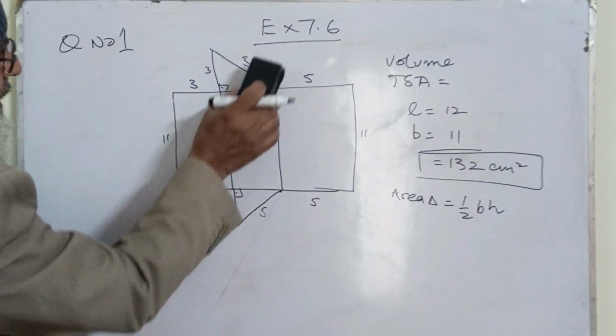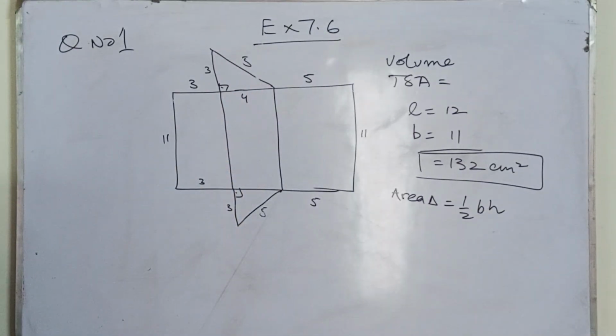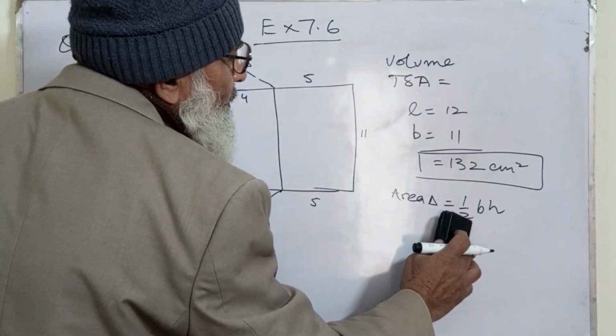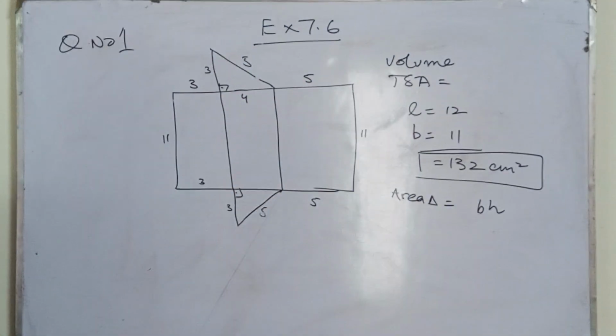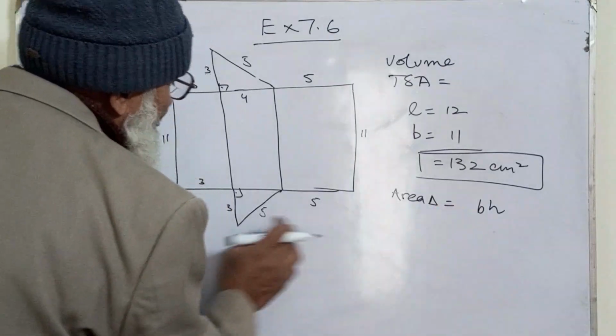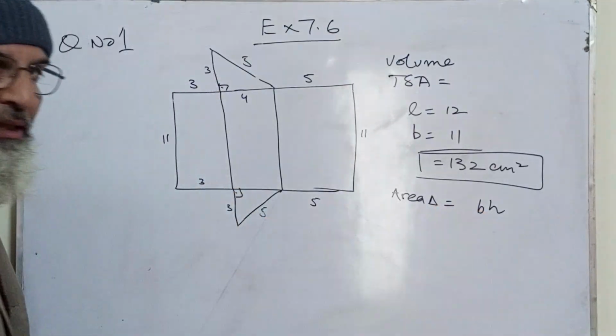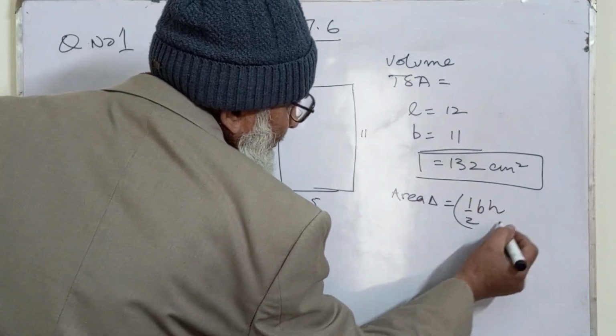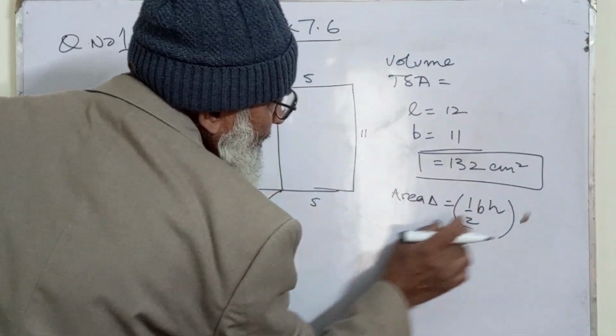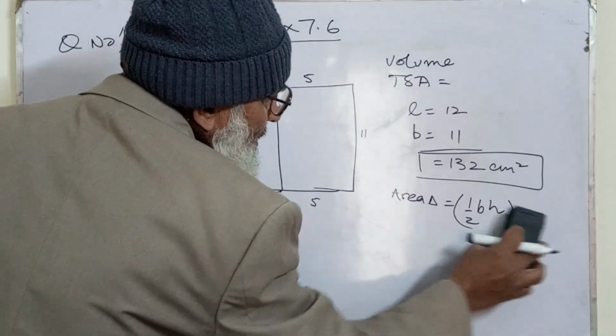This is the hypotenuse 5, hypotenuse 5. So these are identical. If I make it like this, understand what I did? I just made it one instead of two. There are two triangles.